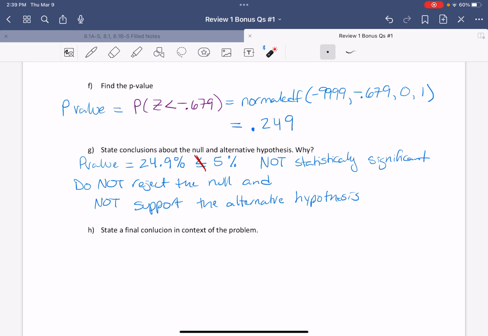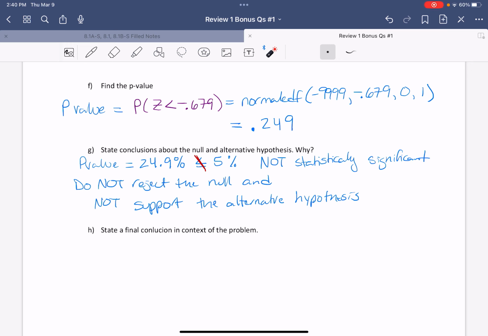Exactly. And therefore, we do not reject the null and do not support the alternative.